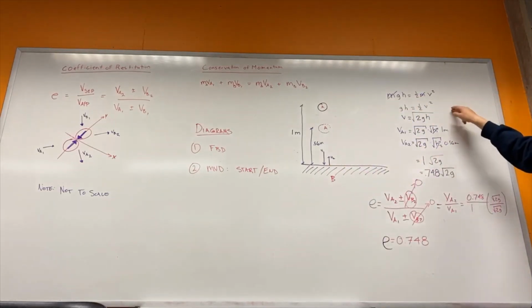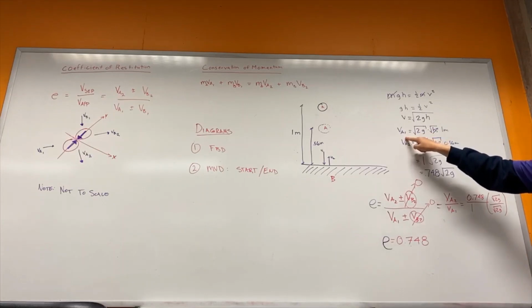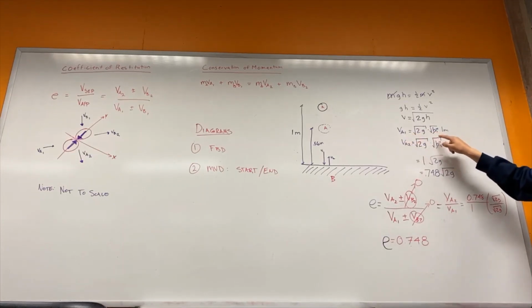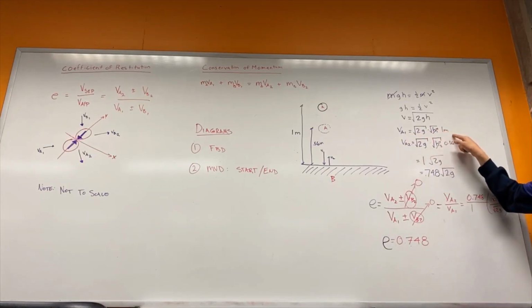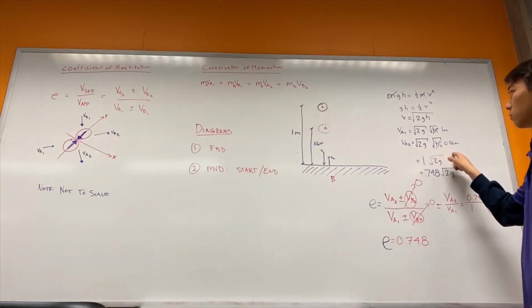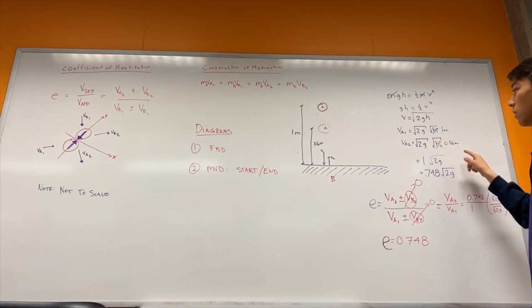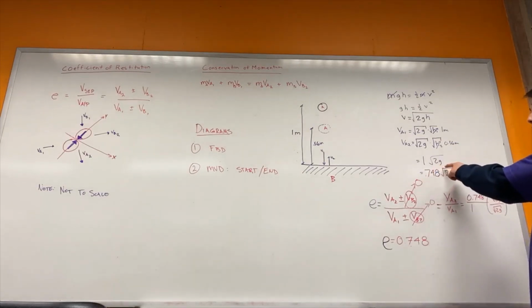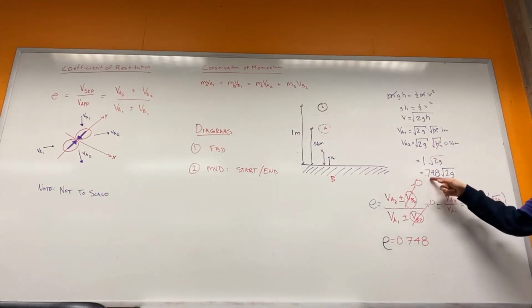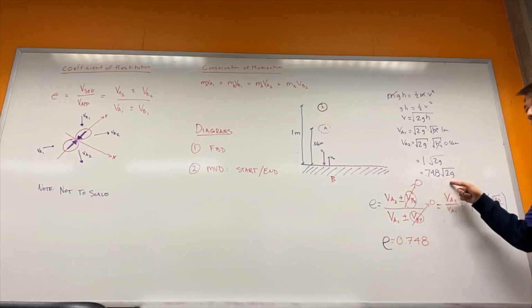So the velocity of A at the beginning would be square root 2g times 1 meter, and your velocity at the end would be square root 2g times square root of 0.56 meters, which would give us 1 times square root 2g for VA1 and 0.748 square root 2g for VA2.